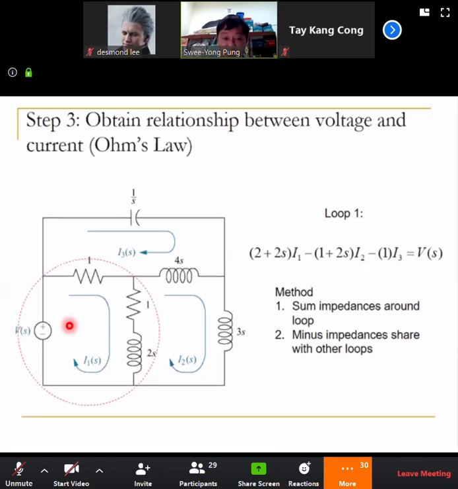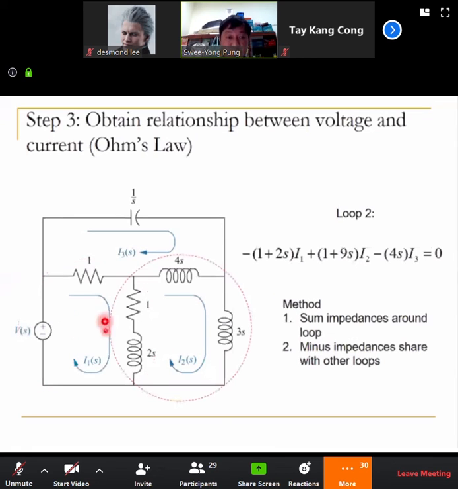If not, then we move on to the next equation, loop 2, which is this one. Loop 2 has 1, 2, 3, 4 components, and the current is I2. The impedance generated by I2 will be 4s plus 3s plus 2s, which is 9s, plus 1, bracket I2.